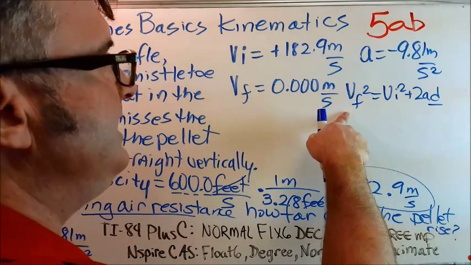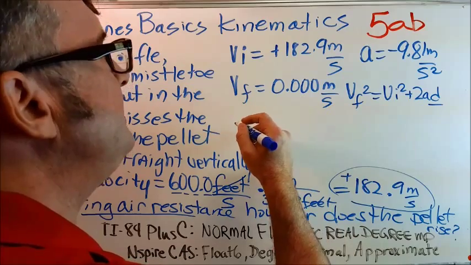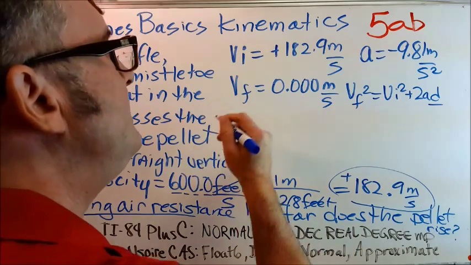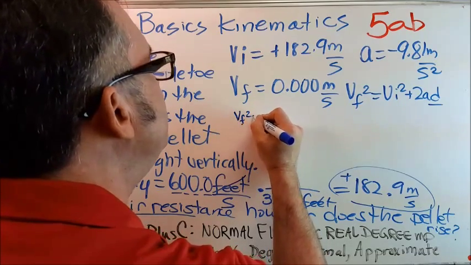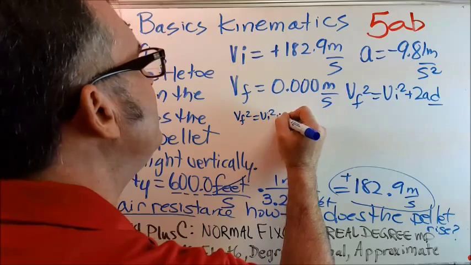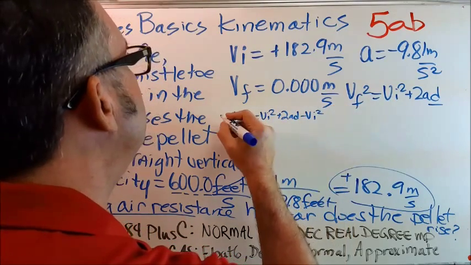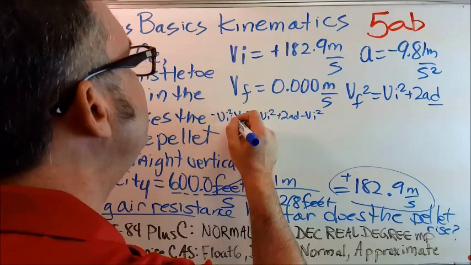Let's go. VF squared is equal to VI squared plus 2AD. Let's subtract VI squared from both sides. That's a negative value there.